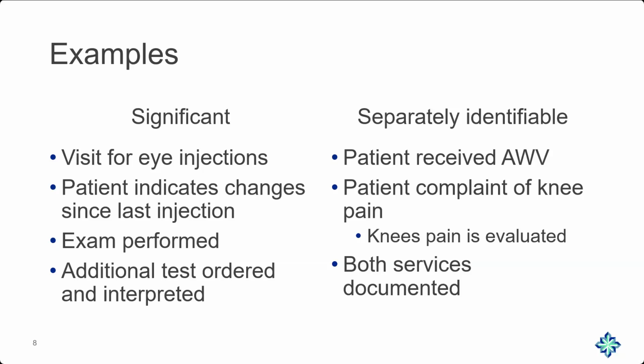And the documentation clearly identifies what portions of the visit were for the AWV and what portions of the visit were for the knee pain. That evaluation of that knee pain is not going to be part of that AWV. So provided that the documentation supports both, that workup for the knee pain could potentially be billed as a separate E&M service.